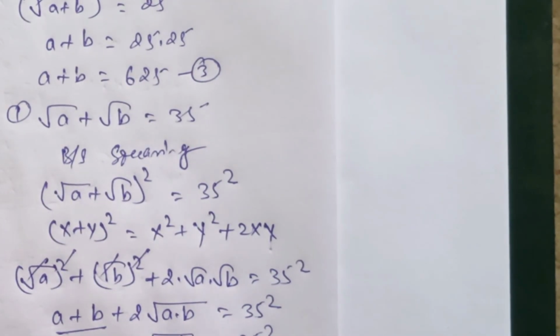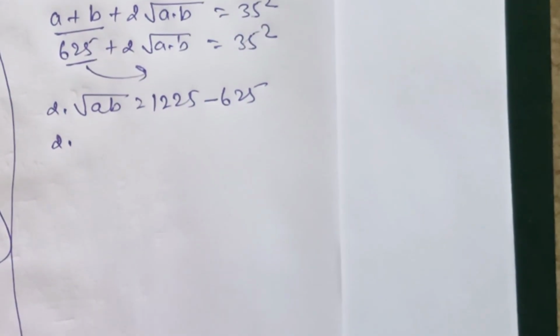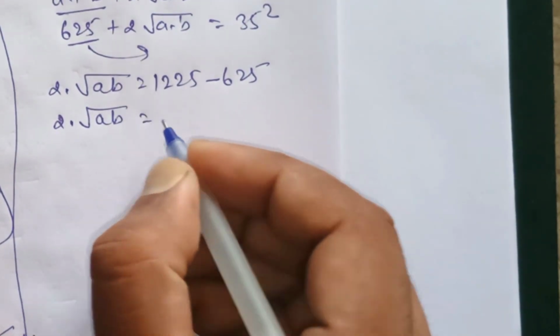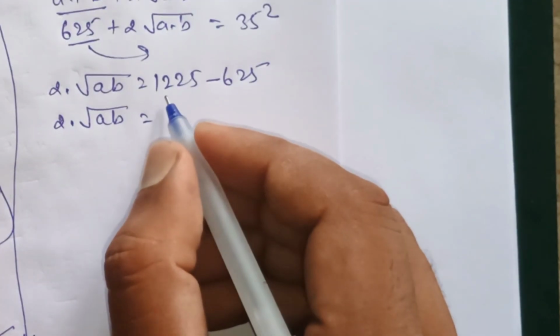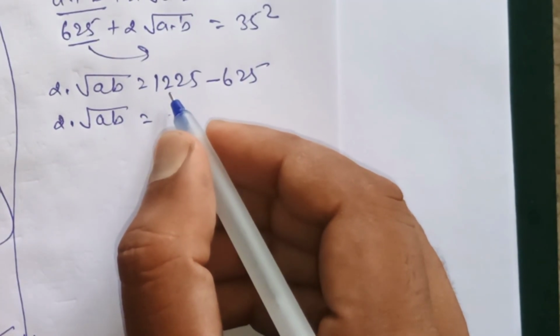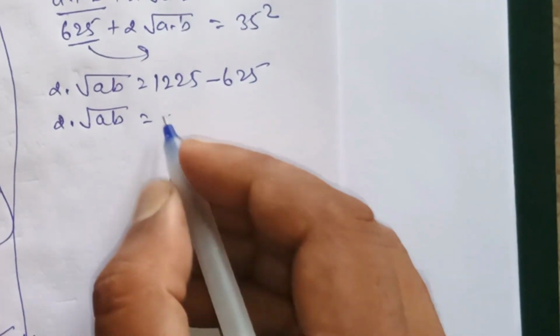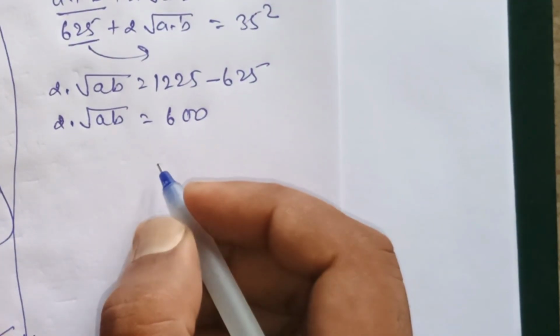This moves to the other side: 2 into root under ab is equal to 1225 minus 625, and the value will be 600.